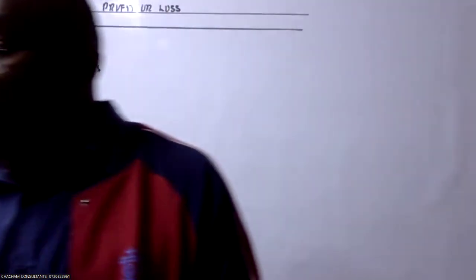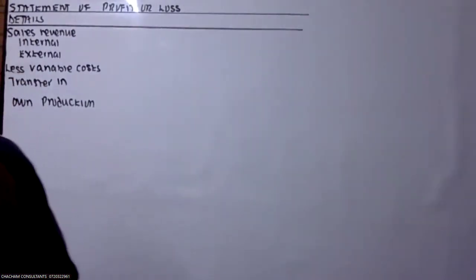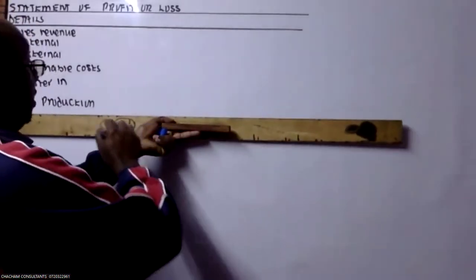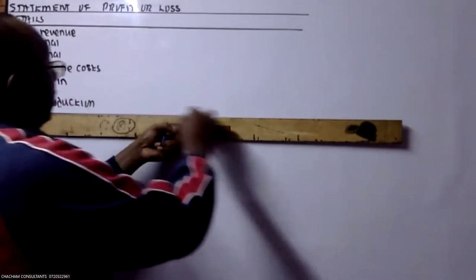I told you the third cost you can find there is the external purchase. Now we don't have that. So with this we can close and get the contribution first. We get the contribution.